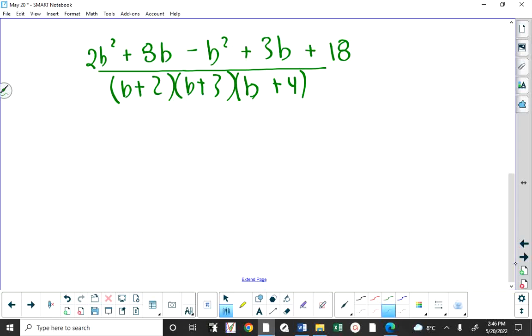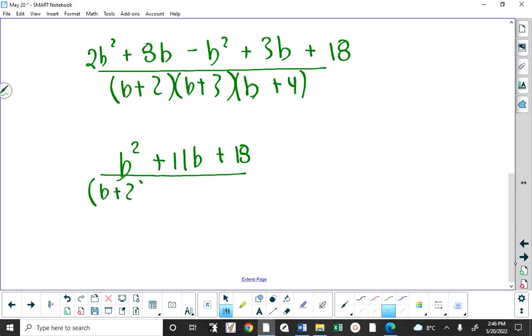On the top, we have b squared that's negative, and we have a positive 2b squared. So 2b squared minus b squared is b squared. We have 8b plus 3b, which is 11b, and then we have plus 18 over our denominator.